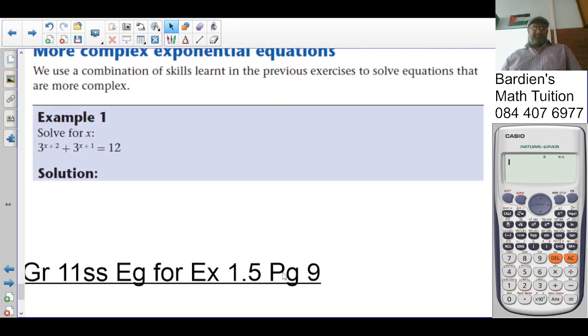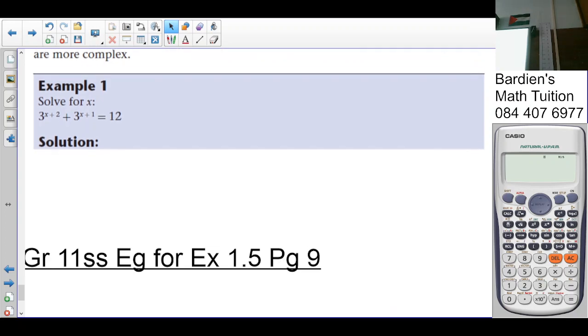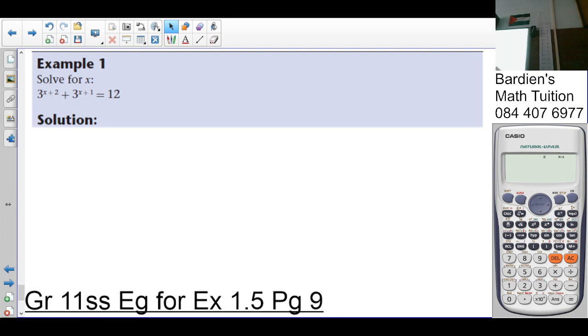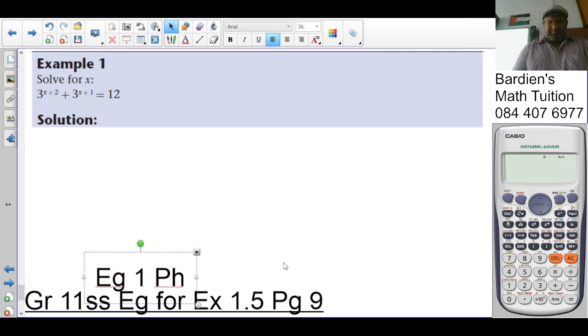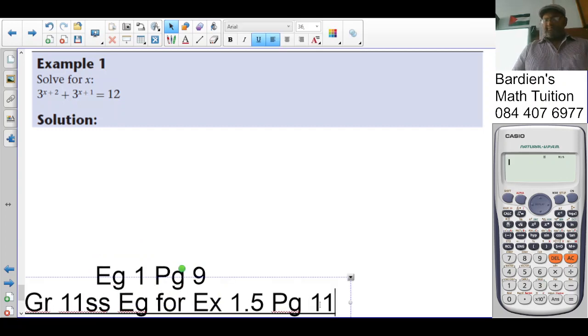So now we're looking at the combination of skills from the previous exercise to solve equations that are more complex. Example 1 is on page 9, and the exercise is on page 9 as well.